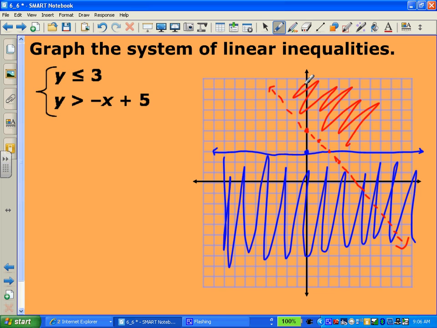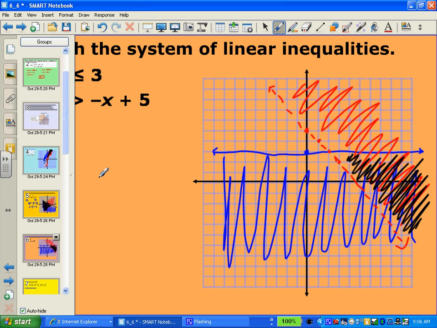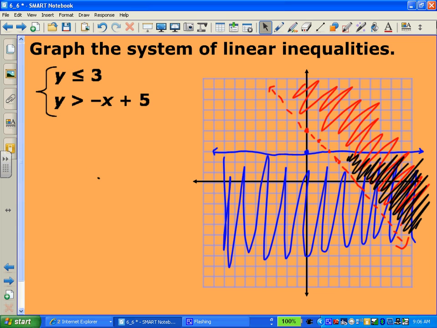Something like that, and it's greater than, so it gets shaded above. So the region where these two overlap would be right in here. Okay, so if I run into equations like that, just remember that they are horizontal or sometimes vertical lines.